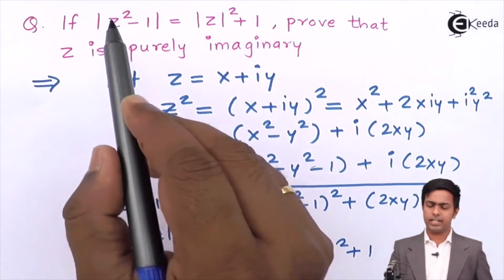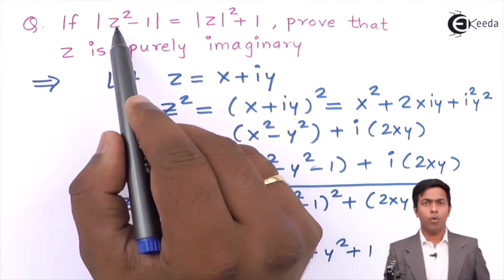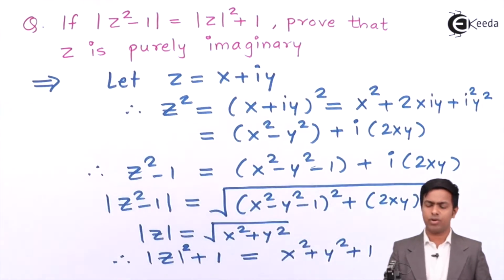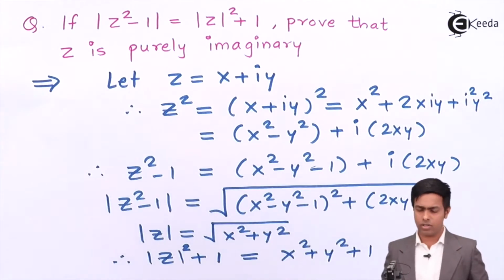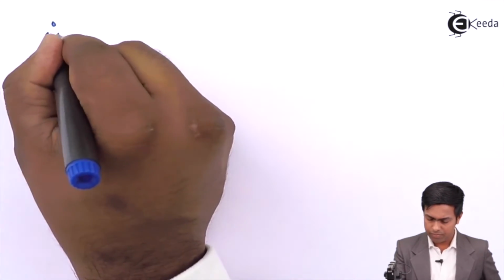Now it is said that the left hand side is equal to the right hand side, that is, mod of z square minus 1 is equal to mod of z the whole square plus 1. So I'll put these values here.